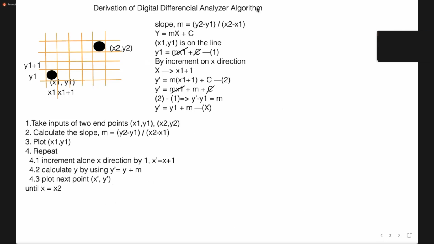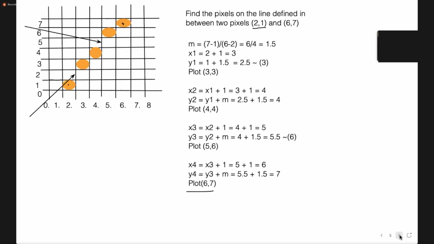The previous y value will be added with m. When this m is greater than 1, this thing can happen. It can jump more than one pixel. When m is greater than 1, that y value can jump more than 1 pixel. Then the gaps are natural. Gaps are coming. No one can stop. Do you understand?